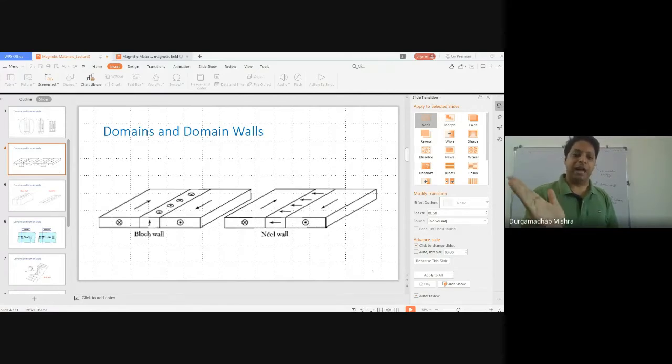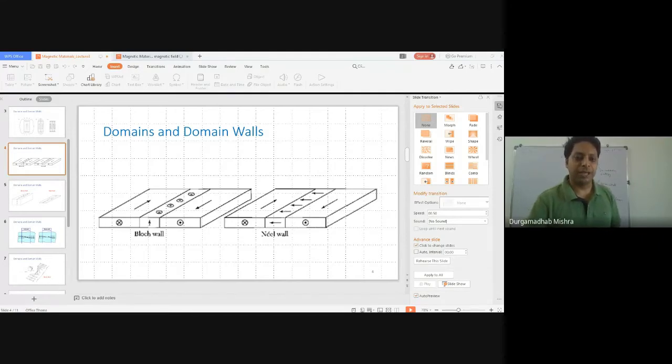Gradually this angle phi increases and becomes 90 degrees, and then it goes the other way, and you get to the 180-degree rotation. Most domain walls fall into these two categories, Bloch wall and Néel wall, though there are some variations. They all have a certain width. We will not do the calculation of that, but you should know that these kinds of domain walls exist in magnetic materials.